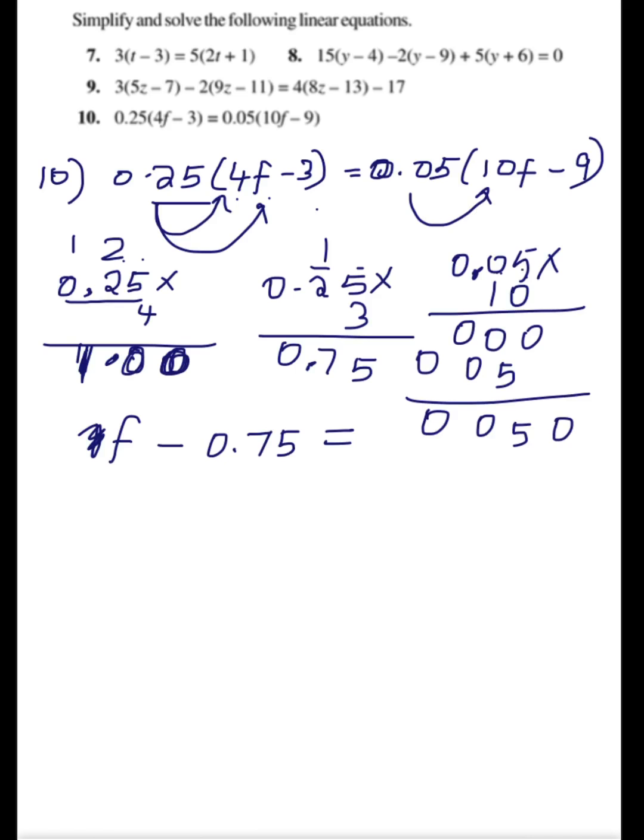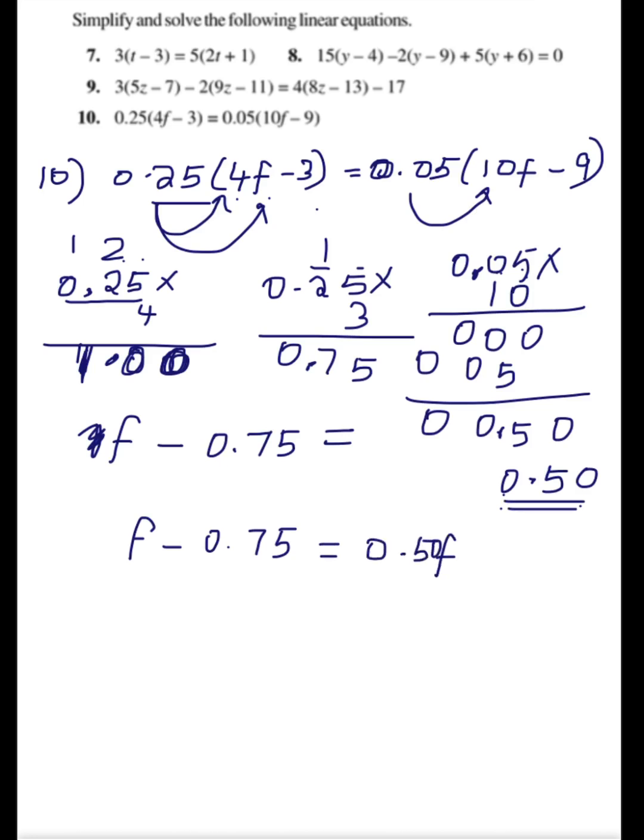So in the answer also, after the decimal point, two numbers should be there. So you can put the decimal point here. So 0.50 is similar to 0.5. Or simply you can put 0.50. No problem. So the left hand side was 0.75, equals, right hand side what?